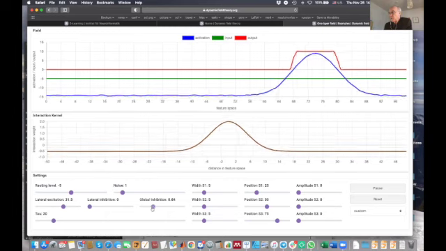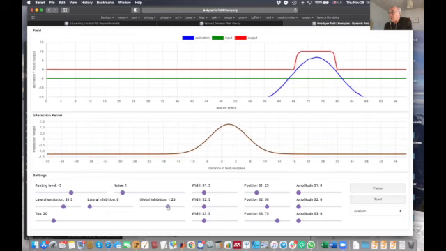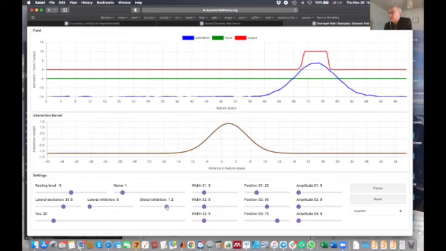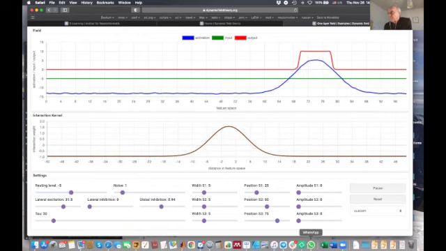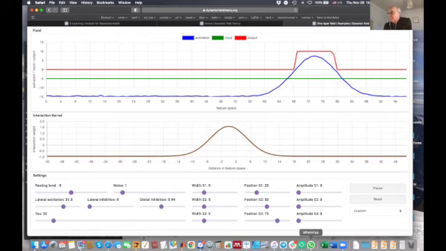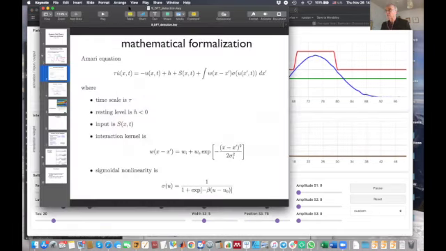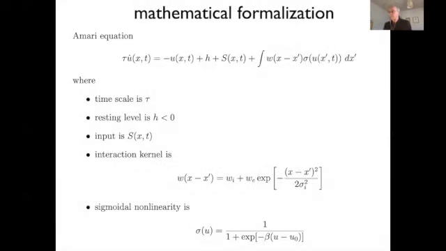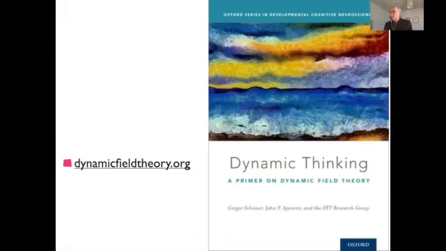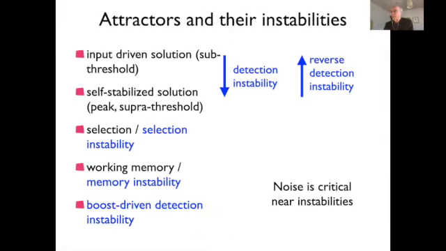If I make inhibition larger, in this direction, then I can destroy that again. So these are the different dynamical states and their instabilities. And I can switch application to show you again, to summarize again these different states.